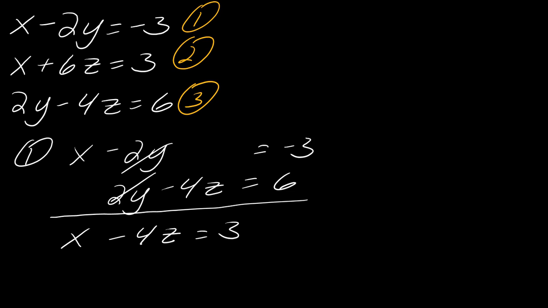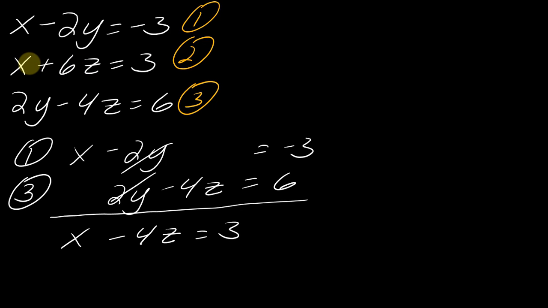Okay, so this is why this is a little bit simpler than the last problem, because look at what we have now. We have this equation x minus 4z equals 3, and then look at the equation that we didn't use. I used equations 1 and 3 here. I have not used equation 2.